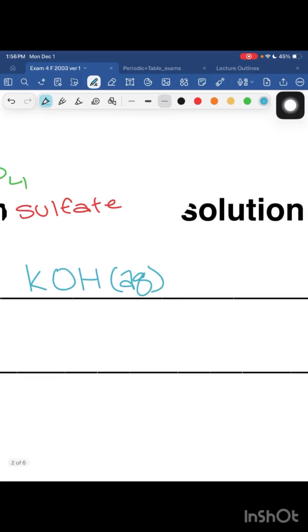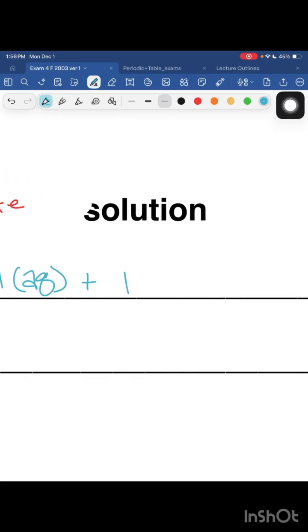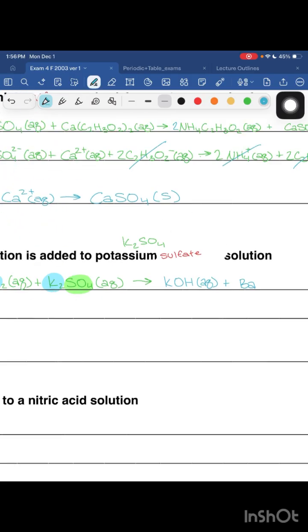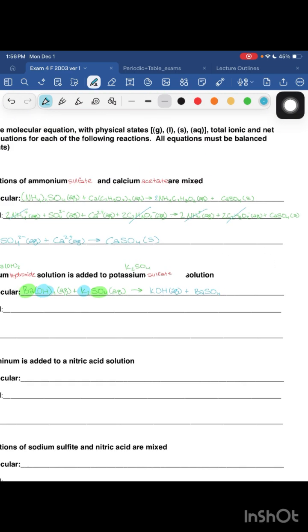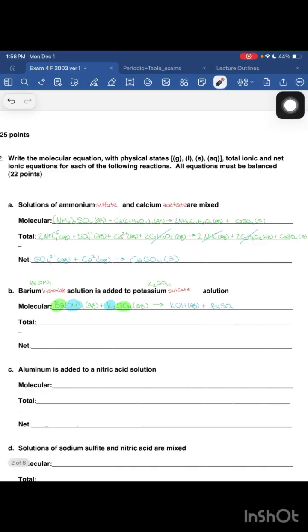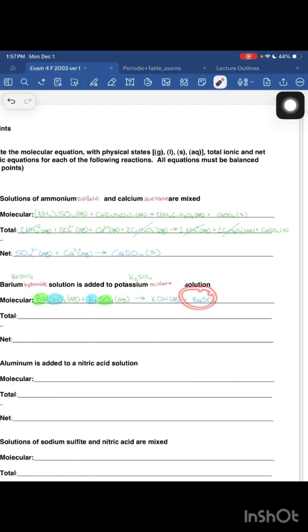And that's aqueous. Plus, we have barium with sulfate, so that's BaSO4, and for the same reason that calcium sulfate is insoluble, barium sulfate is insoluble.